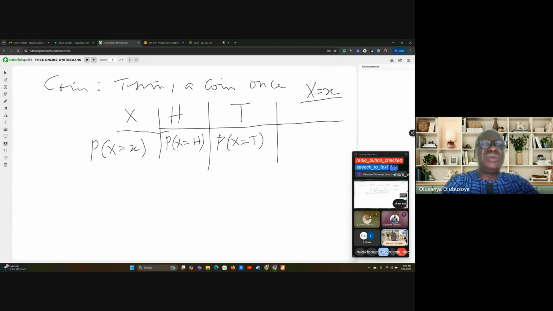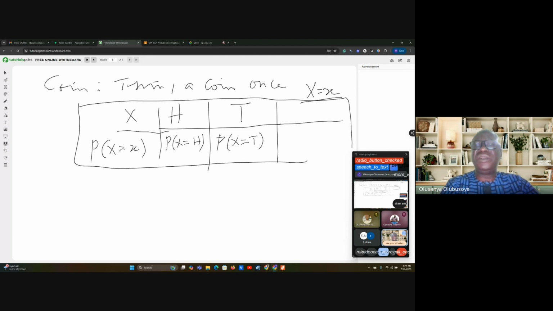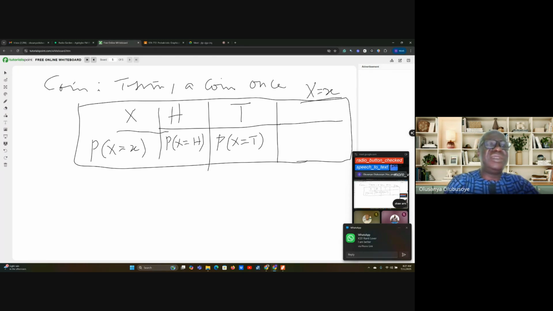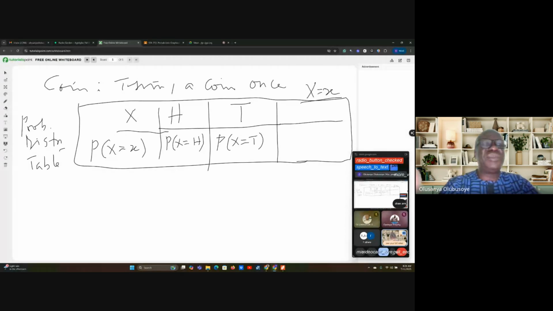So this table is what we call the probability distribution table. So we call it the probability distribution table, or simply say probability distribution.